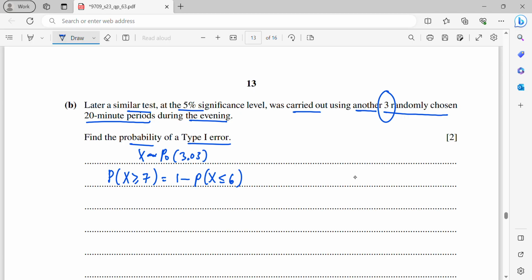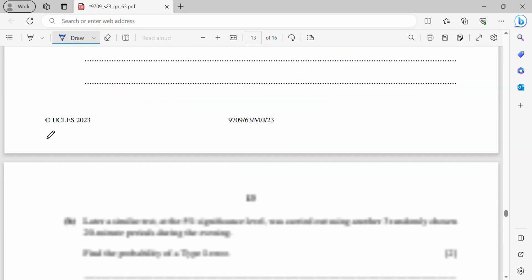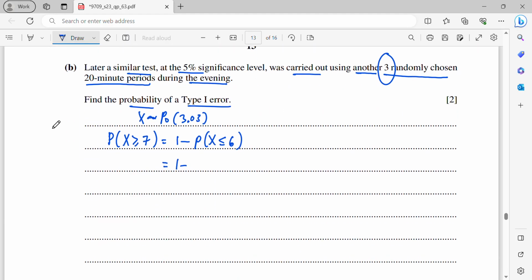For 1 minus P(X ≤ 6), you can rewrite everything there. Just now we counted until 5, because I didn't show you the total probability before using 1 minus the probabilities. I didn't show you the sum, so I will write it down and recount again.